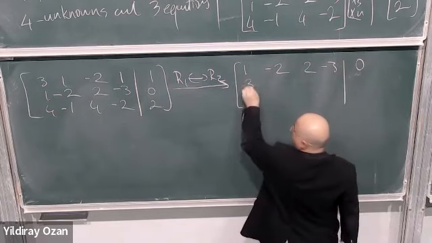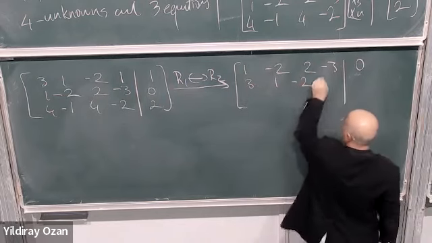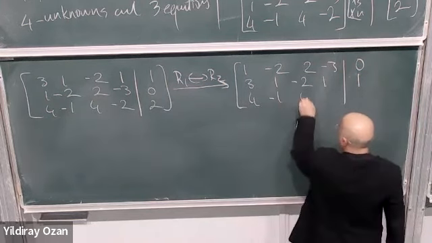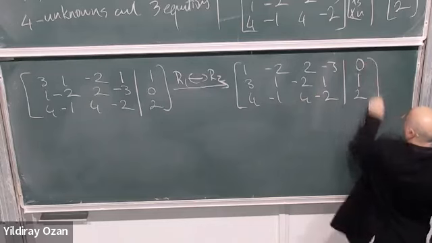And then here I have 3, 1, -2, 1, 1, and then I have 4, -1, 4, -2, 2.